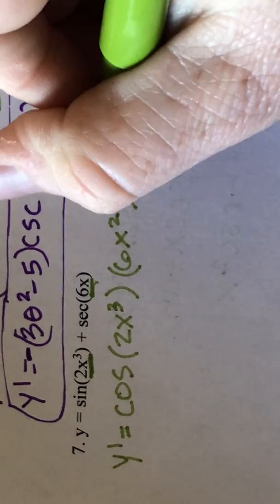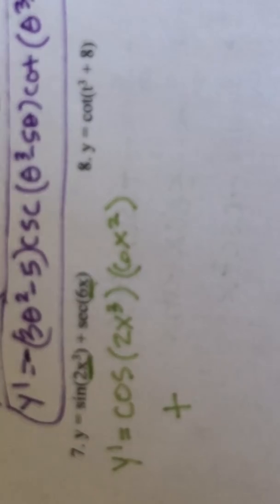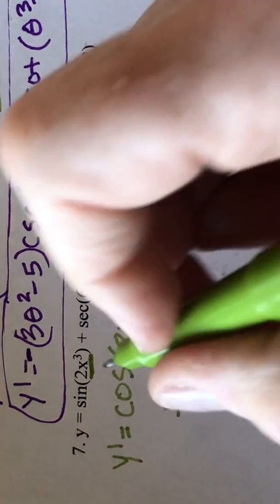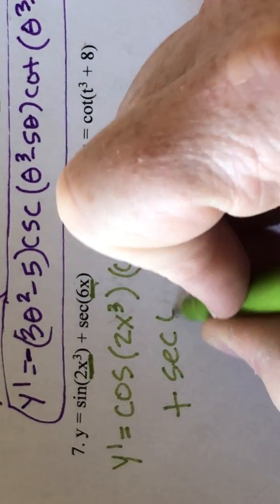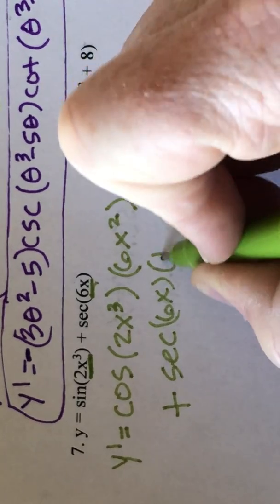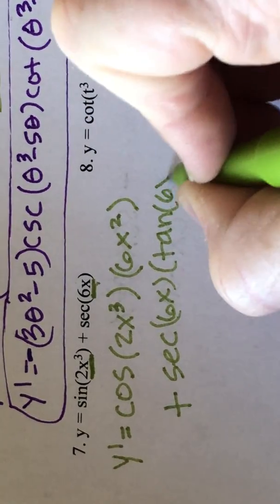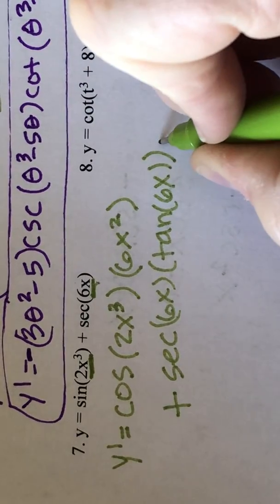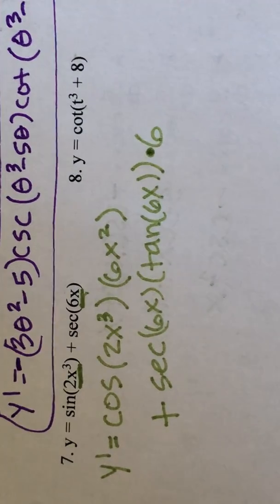Then plus the derivative of secant x is secant x tan x, so plus secant 6x tan 6x times the derivative of the inside, 6.